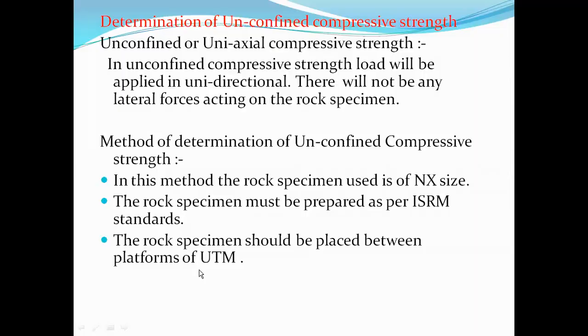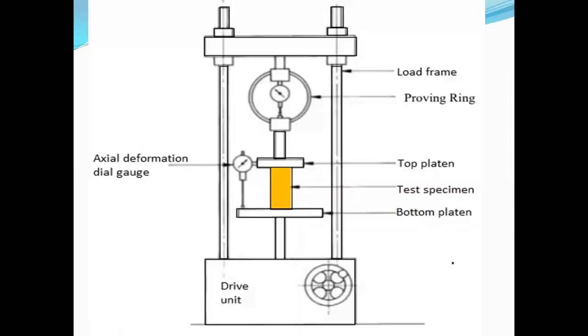Let's move on. This is the diagram of a testing unit using which you can perform the uniaxial compressive strength test. Look here. This is the drive unit and the bottom plate. This is the latest one. You have the bottom platen and the top platen, and in between you place your test specimen.